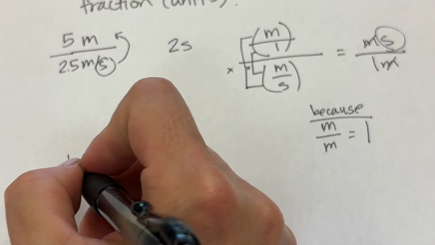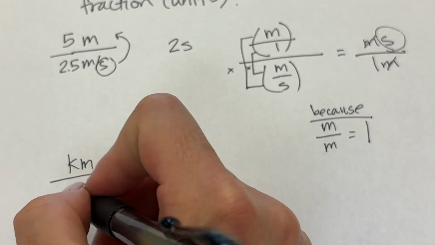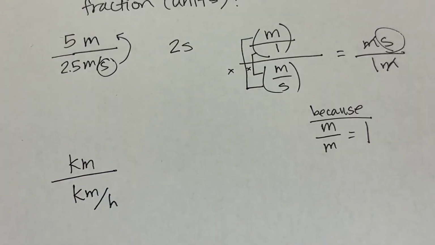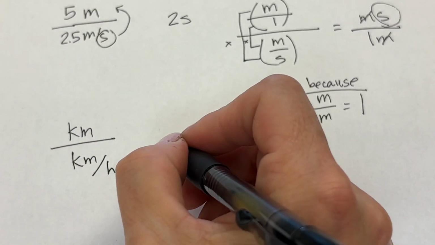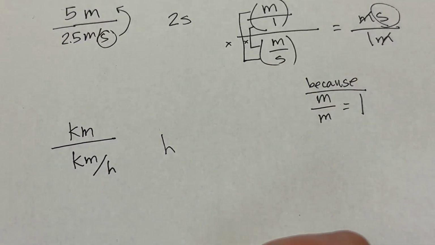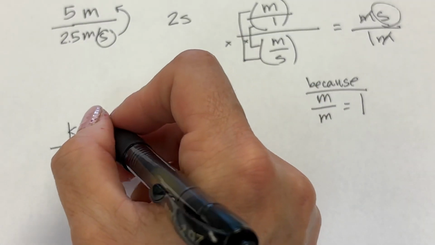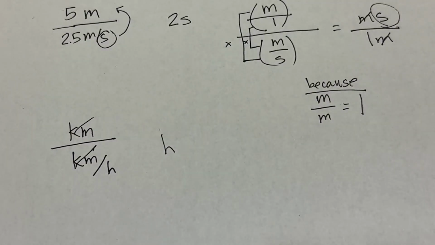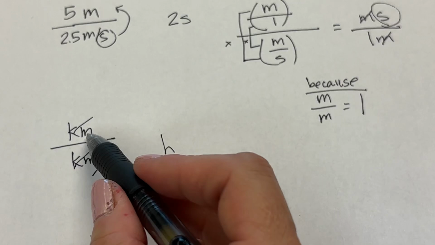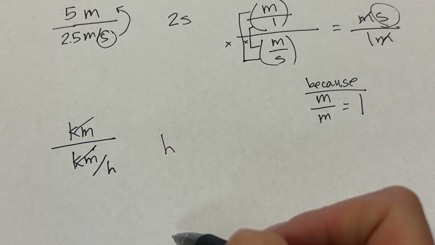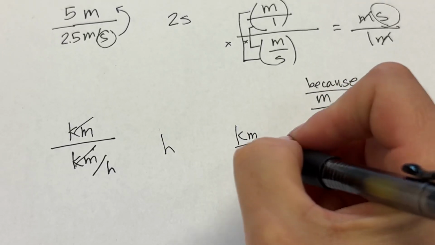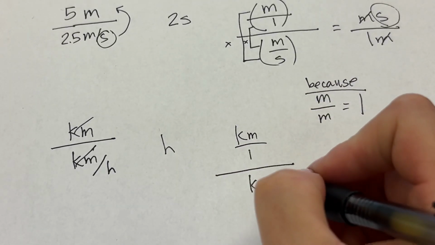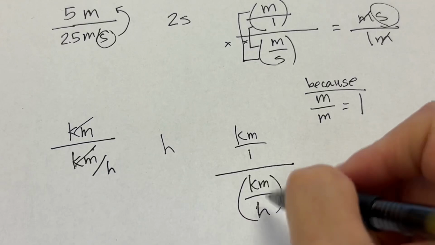So it could be kilometers divided by kilometers per hour, okay? And you would do the same thing. Your answer would be in hours, okay? Because kilometers and kilometers also cancel out, or they divide into each other to equal 1, okay? So the same setup here would be kilometers over 1 divided by kilometers per hour, okay?